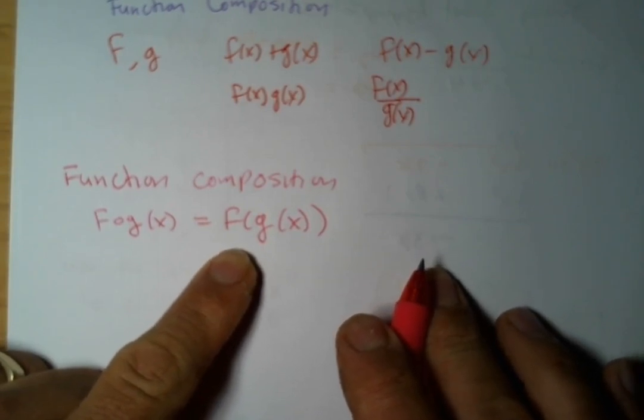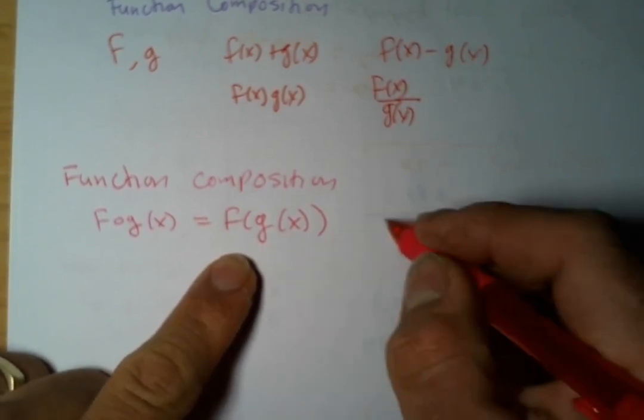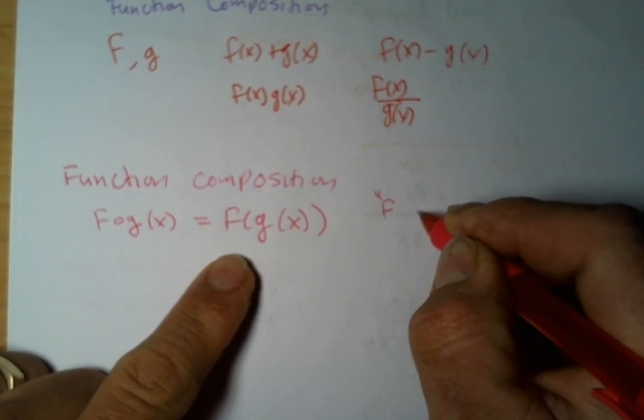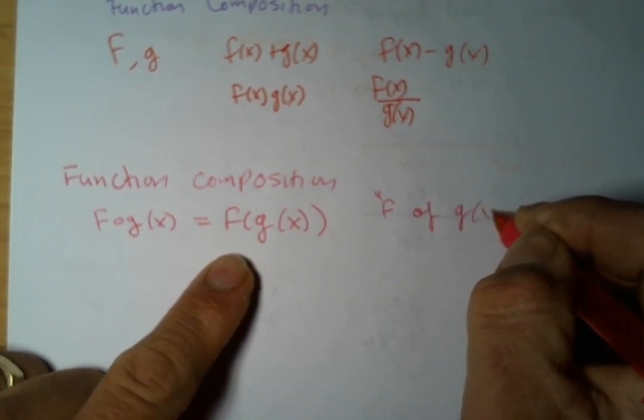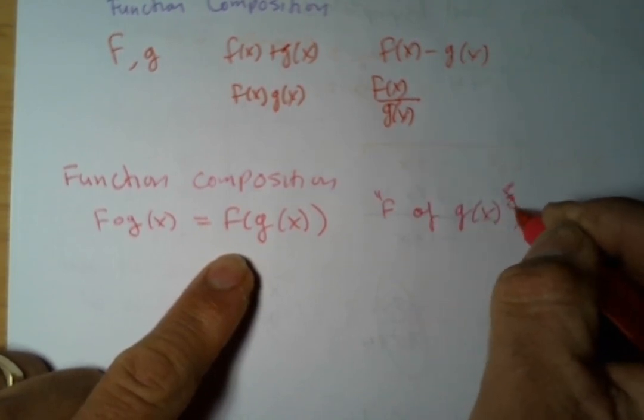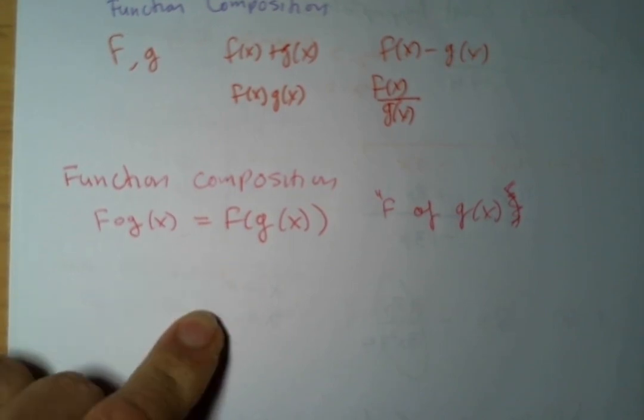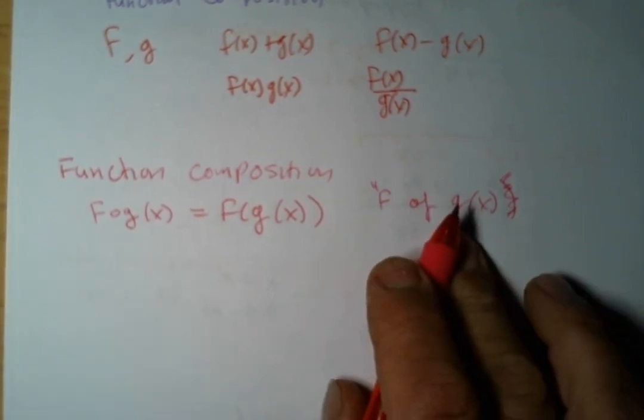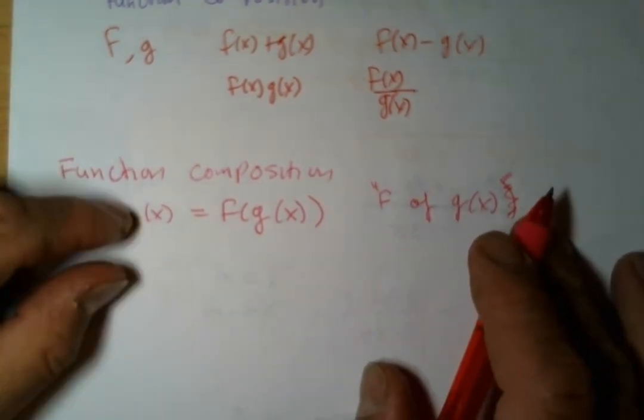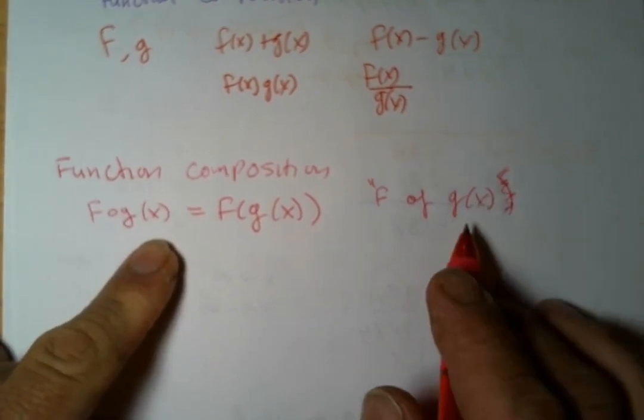Alternatively, we also use this notation. The way we read this is f of g of x.